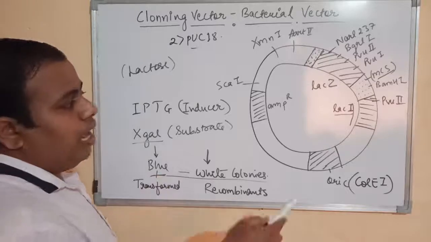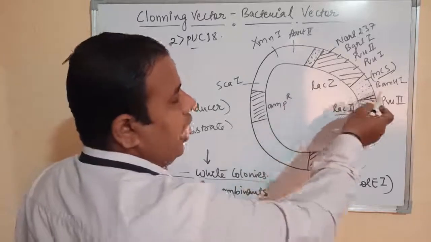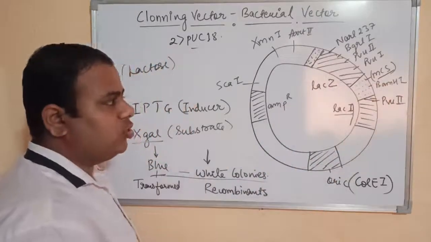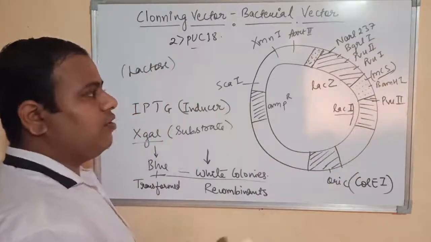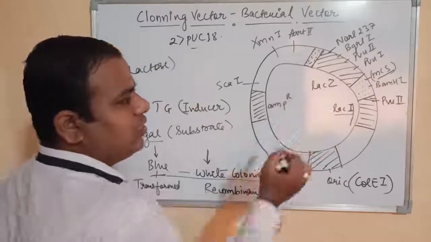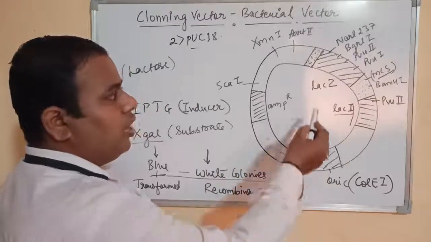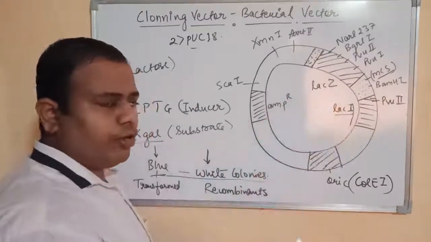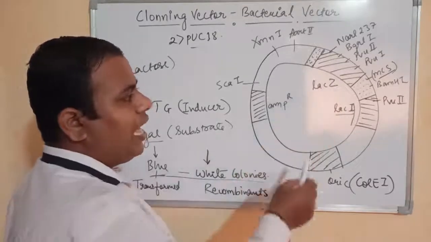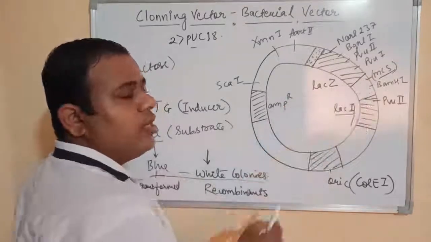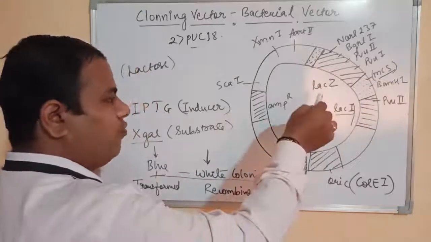Okay, so now if in this LacZ gene our fragment of interest is added into this plasmid, and then this plasmid is transformed into the bacteria, then what will happen? The LacZ gene present here will be disrupted. Okay, so now the functional LacZ gene will not be formed, and functional beta galactosidase enzyme will not be formed, as the gene is disrupted by addition of a foreign DNA. Okay, so then what will happen?